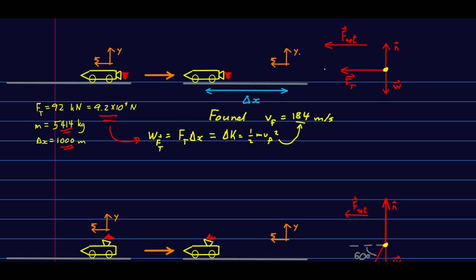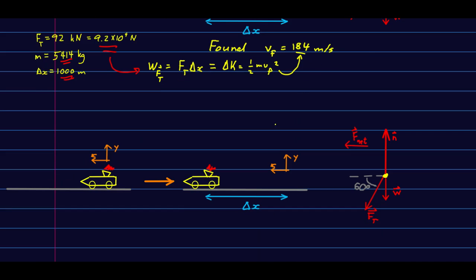Now, to try and figure out what's going on here, let's see what happens when we change the direction of the thrust. So now the thrust is going to be directed at an angle 60 degrees down.